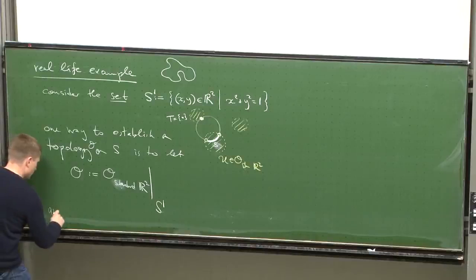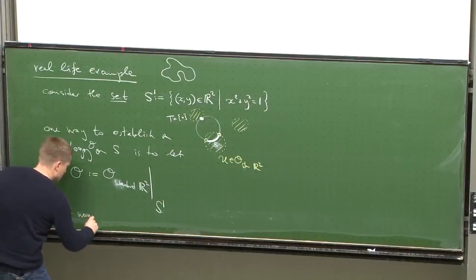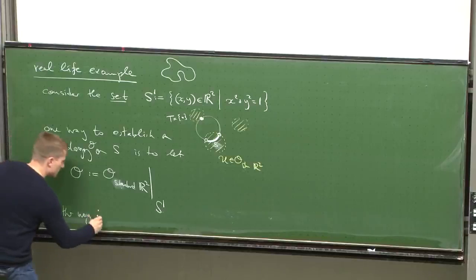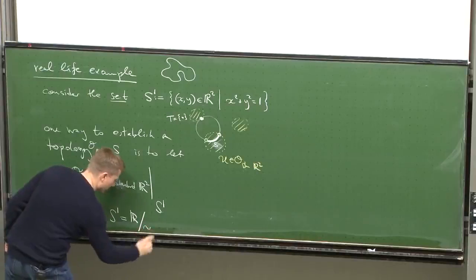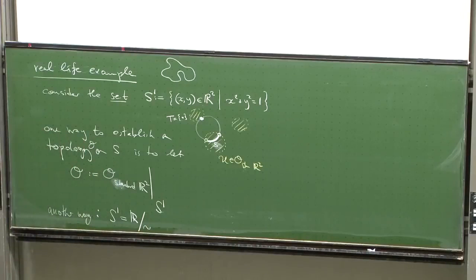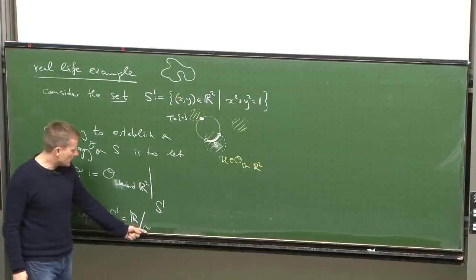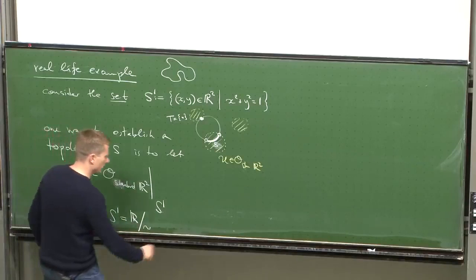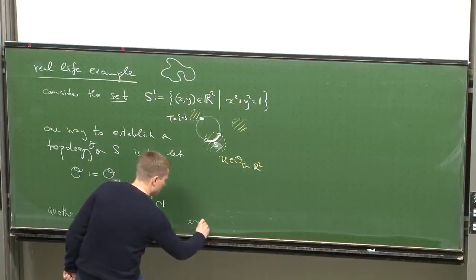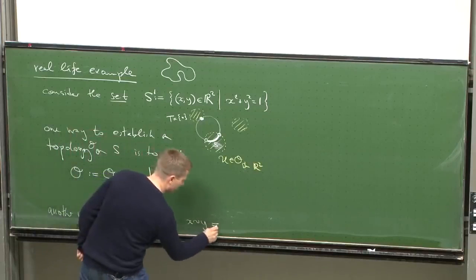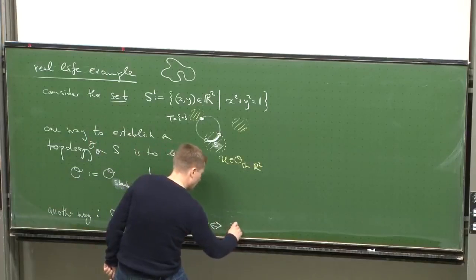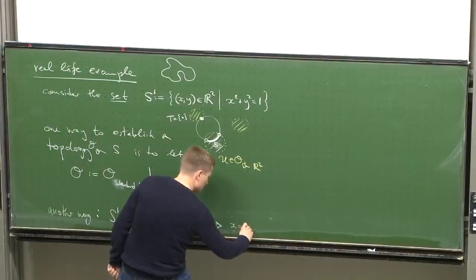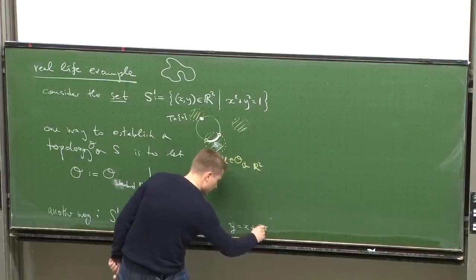And another way is to proceed entirely differently, namely to understand the circle as a quotient set. Last time we discussed equivalence relations and quotient sets. I can take the entire line and only look at the equivalence classes of points, where two points in the real numbers are identified by a relation twiddle if and only if y equals x plus 2 pi.